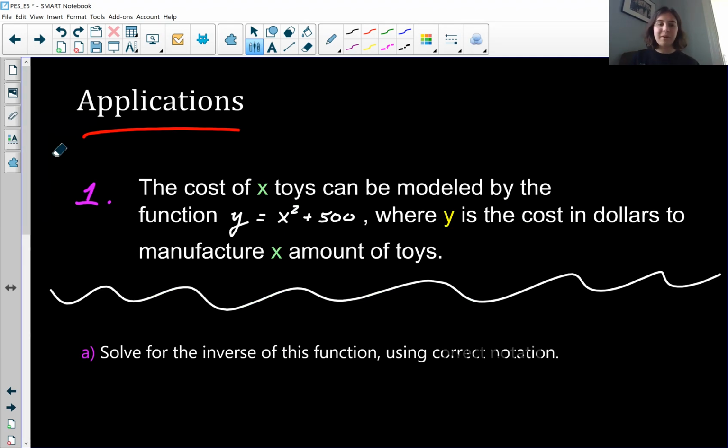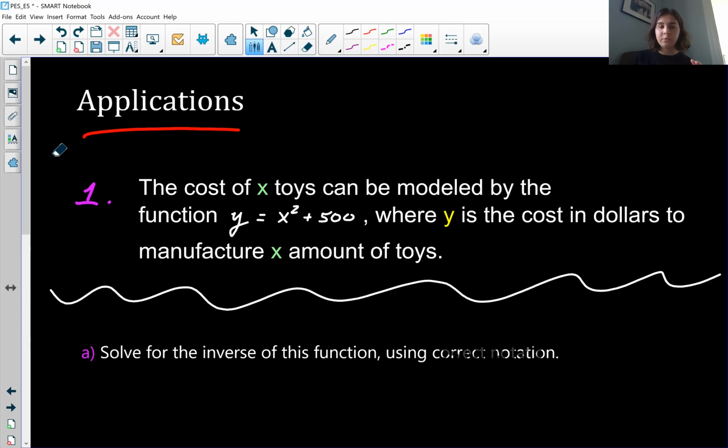In this scenario, we have the cost of X toys that could be modeled by the function y equals x squared plus 500, where y is the cost in dollars to manufacture X amount of toys. So here's the thing. If I always know the amount of toys that we are producing and then I get the cost, that's great. But what if I always know the manufacturing cost, but I don't know the amount of toys?